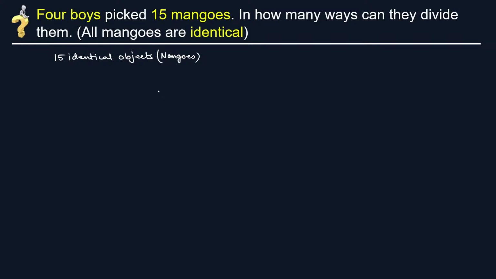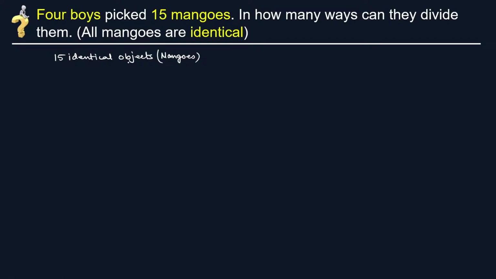Naturally there is no restriction. It may so happen that some boys get no mangoes. That is also possible. And all the objects are identical. So can we use our partition or Beggar method? Yes, we can easily use that because it fulfils our two conditions.